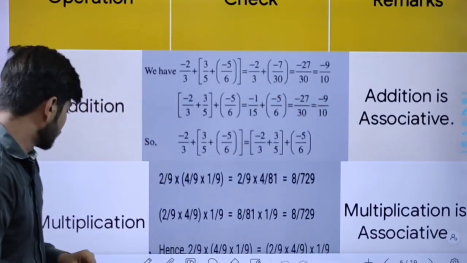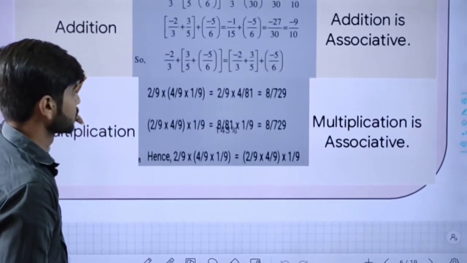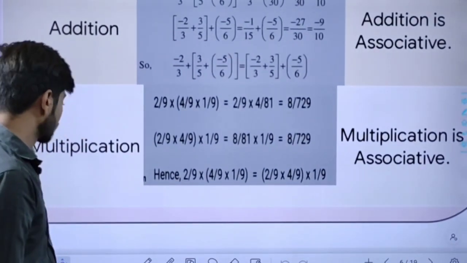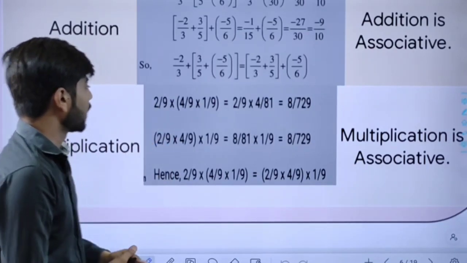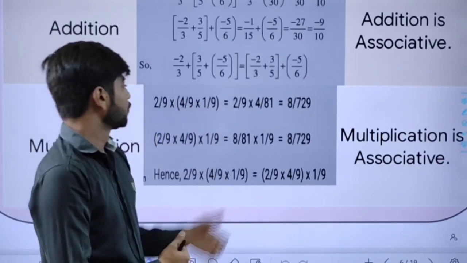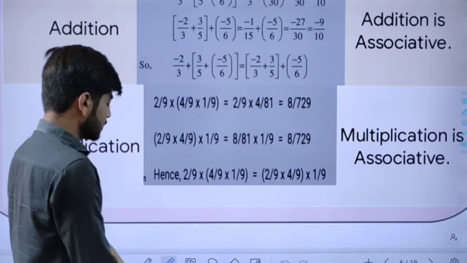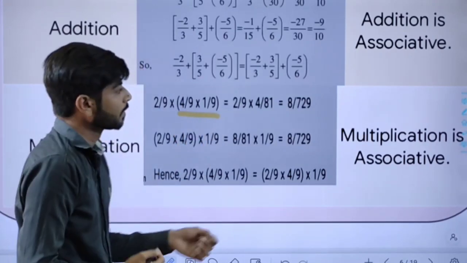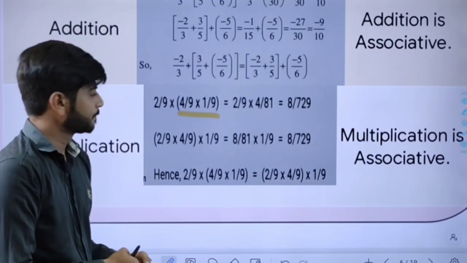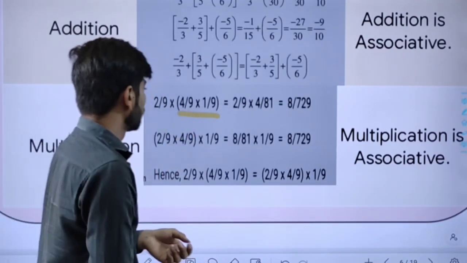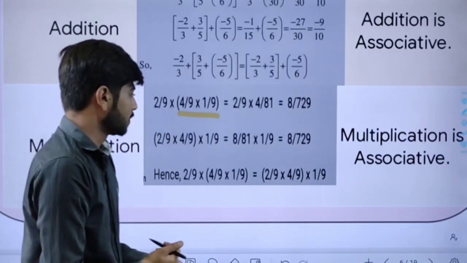Similarly, we will check for multiplication. In multiplication, 2 upon 9 multiplied with 4 upon 9 multiplied with 1 upon 9. In this, we grouped the last two numbers. We will get the answer 8 upon 729. Now change the group. We will multiply 2 upon 9 with 4 upon 9 first.